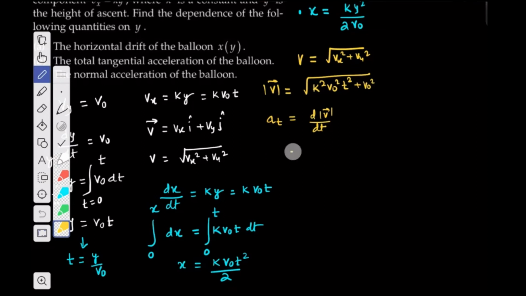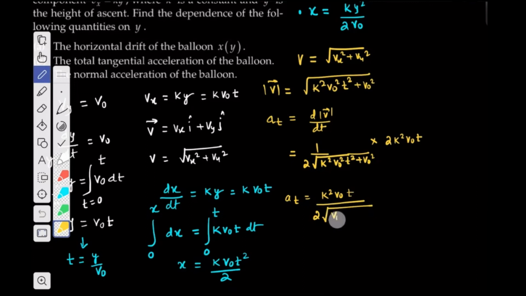So dv by dt will become, differentiating root x with respect to x will give us 1 by 2 root x. So it will become 1 by 2 root of k square v naught square t square plus v naught square. And then differentiating whatever I have inside the root, that is easy only. It will give you 2 k square v naught square t. So what we have got, at equals k square v naught square t divided by, maybe I'll take out common v naught square and take it outside the root just to simplify it.